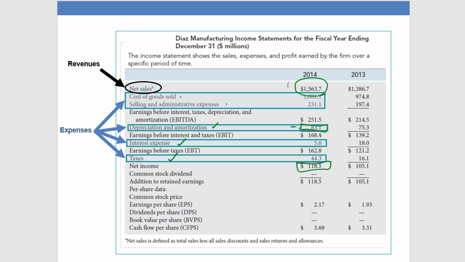And the reason for this is because when we're thinking about this from a finance perspective, this is an expense, but it's not a cash expense. So I don't ever write a check for $83.1 million and send it out to depreciation. There's no money that actually leaves my company.